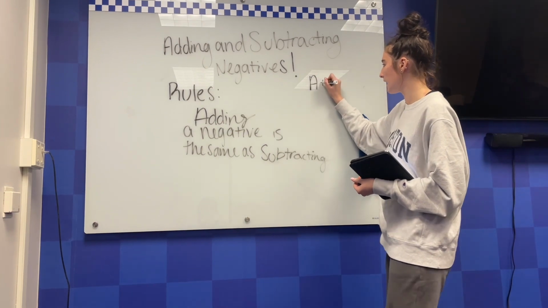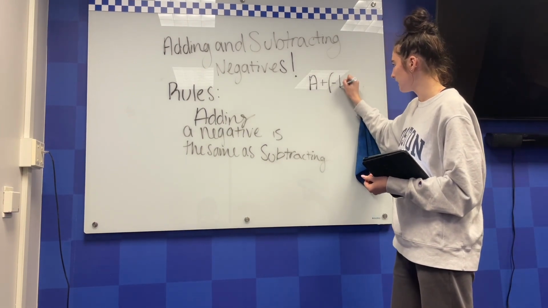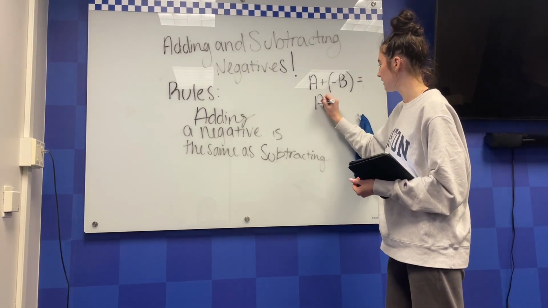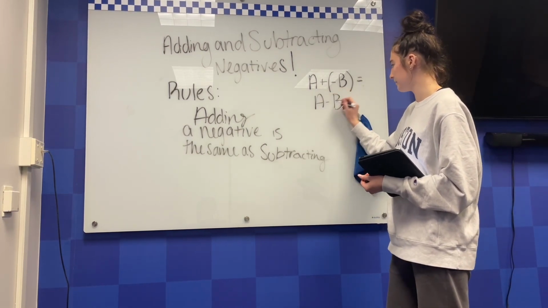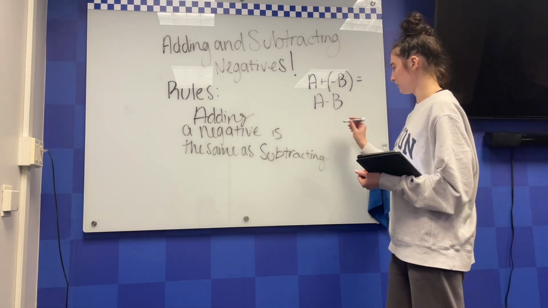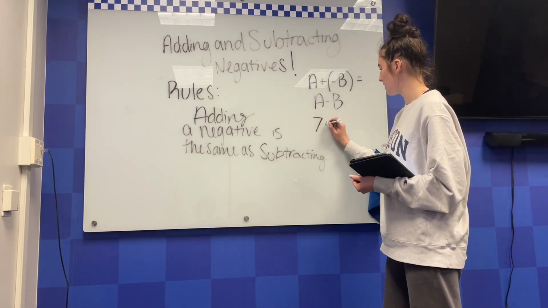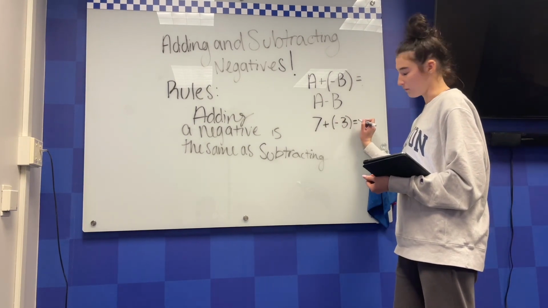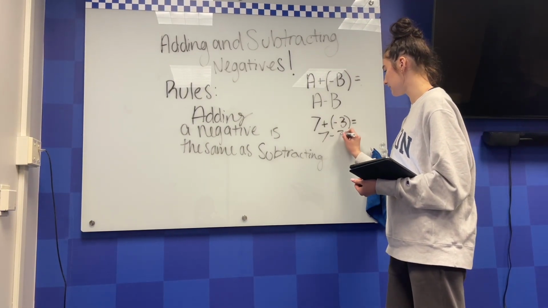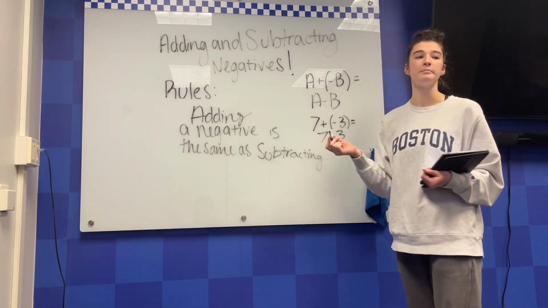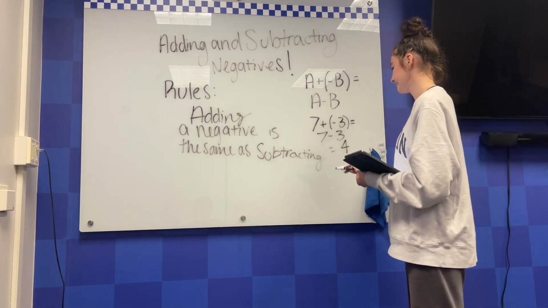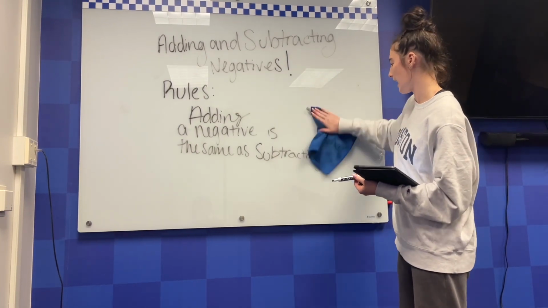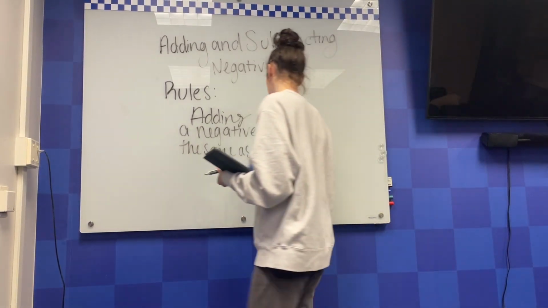A plus, again in parentheses, (-b) is equal to a minus b. So if the problem says 7 plus -3, that is equal to 7 minus 3, which would be 4. So those are our rules for adding and subtracting negative numbers.